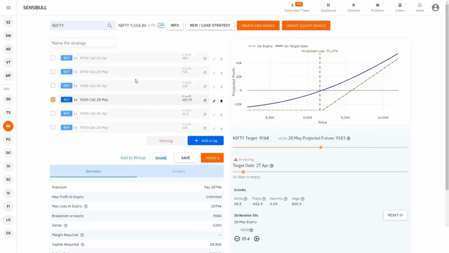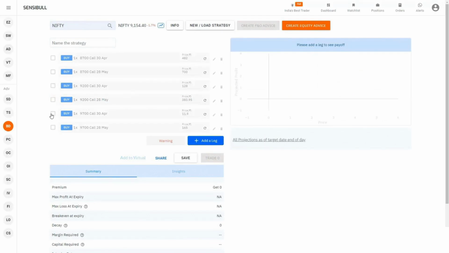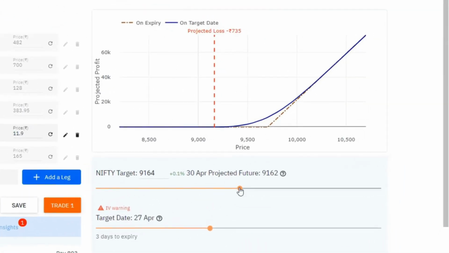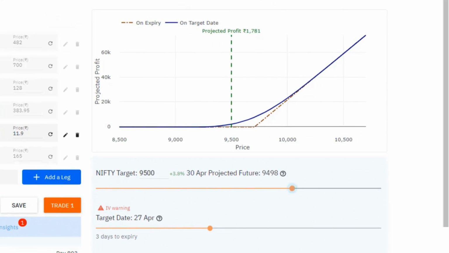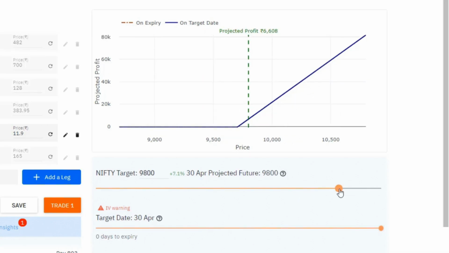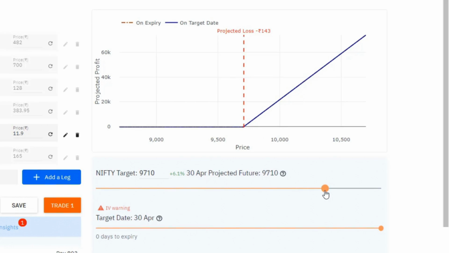So if you look at this option, let's say this 9700 April option, what are the odds that Nifty is going to cross 9700 in the next 4 days? Very low, right? On expiry day, it's not going to cross 9700 in 4 days in all probability, because it's a 6% move we are looking at. That is unlikely.